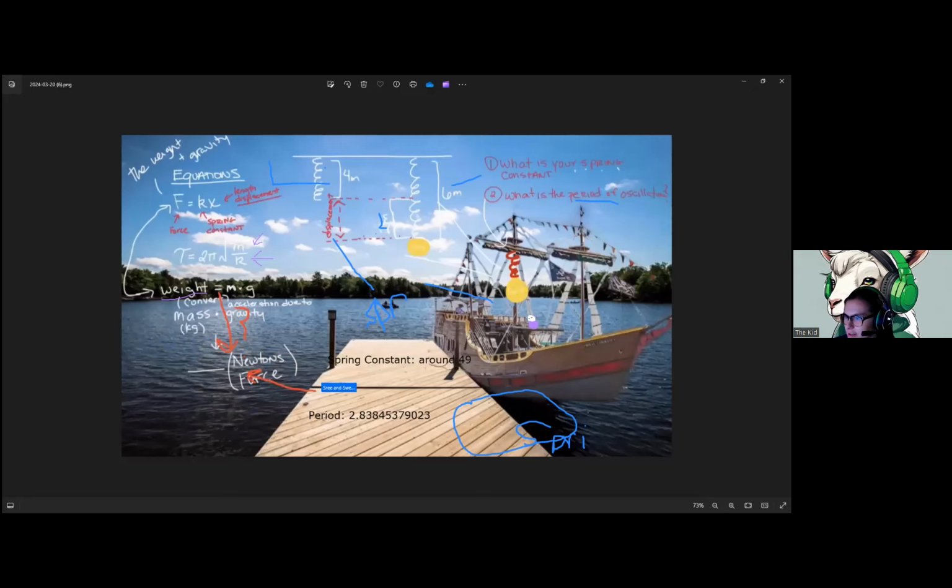I'll give it a shot. I'll re-put it in. 2 pi times the square root of 10 over 49.